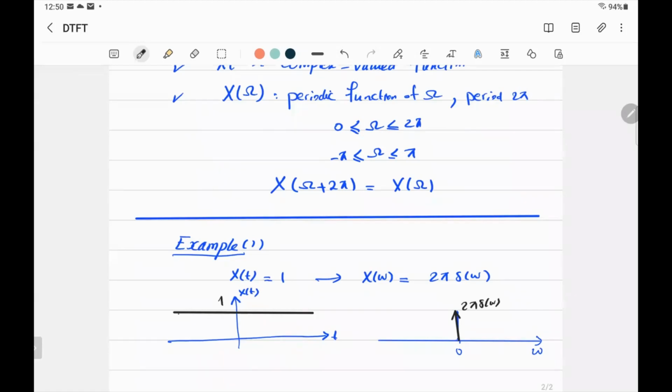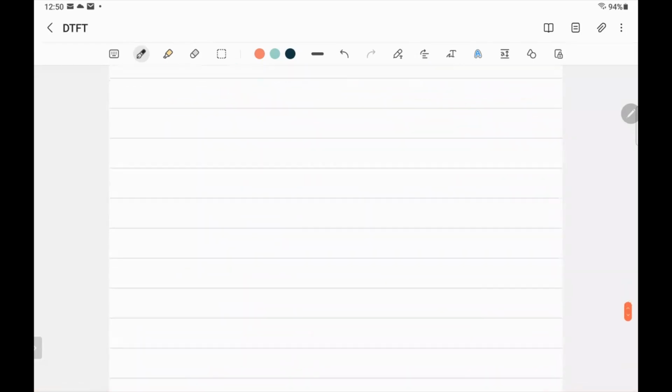Delta is like you have an impulse at omega equals 0. So is the value 2 pi or infinity? 2 pi. Okay, so if you have a short width, like epsilon 0.1, how do we make the practical impulse?